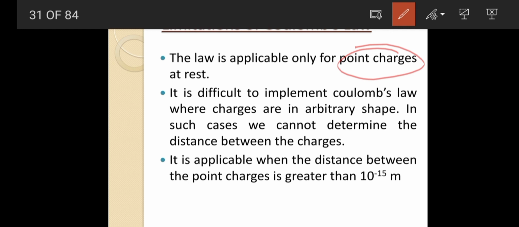Point charges are charges very small in size compared to their distance from other charged particles, so their volume or area is negligible. Such charges we call point charges. So the disadvantage of Coulomb's law is that it is only applicable for point charges, and only at rest.